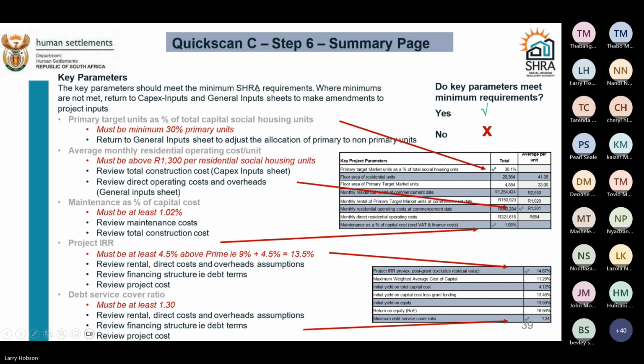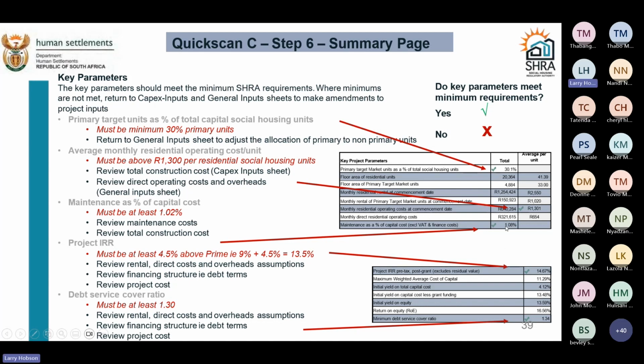So these, you get a green tick in the box or a red X in the box if you don't meet it. So primary target units, 30%, 30.1%, we get a green tick. Average monthly residential operating cost must be above 1,300.